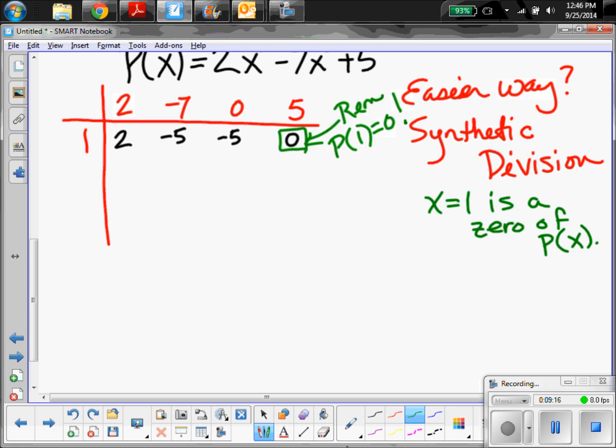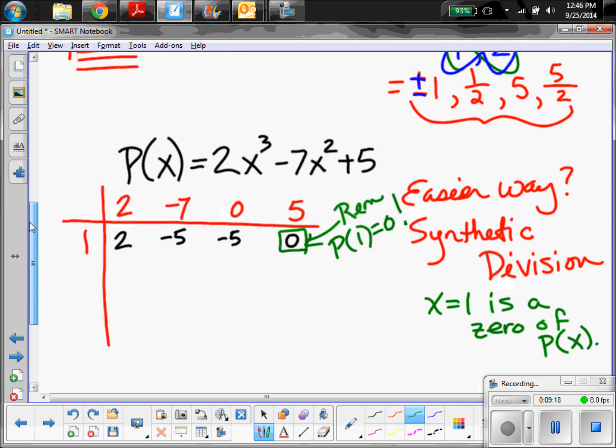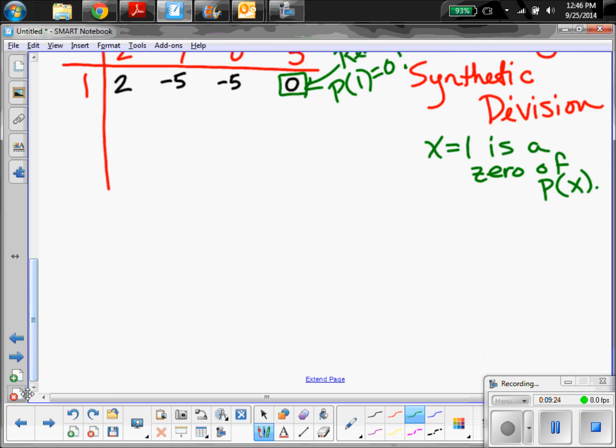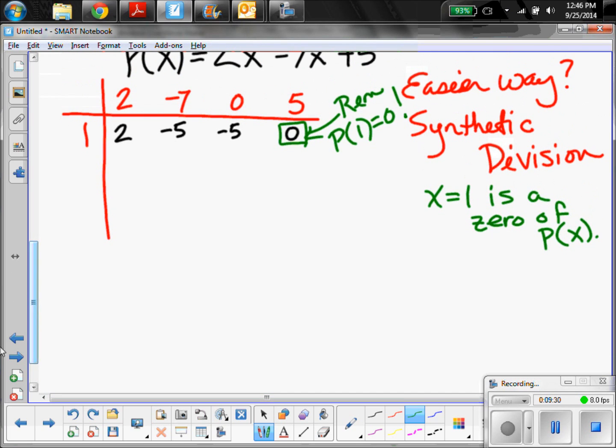Let's try the -1. Up here, I've got that -1 might be a 0 of the function, so let's try the -1. Let's do that in purple. It's my -1.